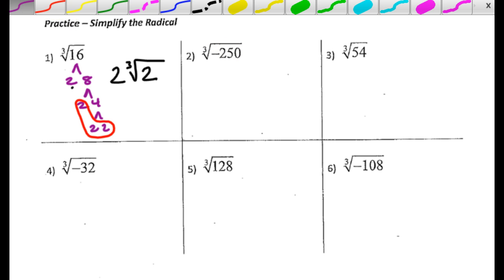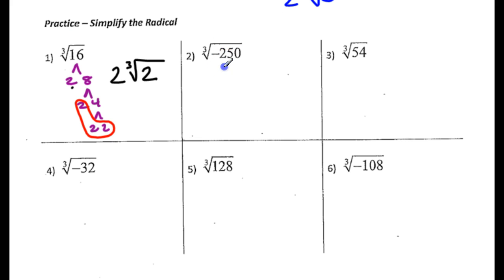Alright? So here's what we're going to do. Going to break it down. 250 is going to be 5 times 50. And then 50 is going to be 5 times 10, and 10 is going to be 5 times 2. Now here's the thing though, I've taken care of the number, but I haven't taken care of the sign. I do want the negative to come out.